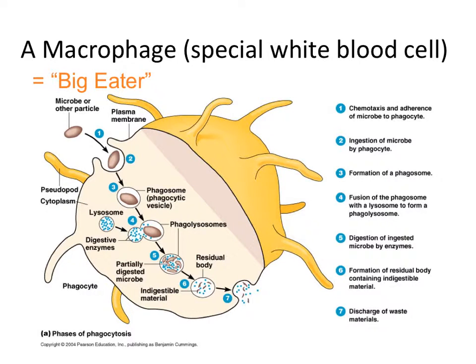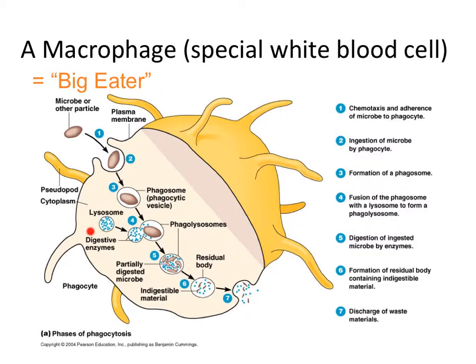Here's another example. This is a macrophage. So this is a white blood cell that's going to eat microbes and sort of break them down in order that they can be presented to the immune system. So the macrophage will come, it will eat the microbe, then it'll travel in, see it's in a little vesicle.